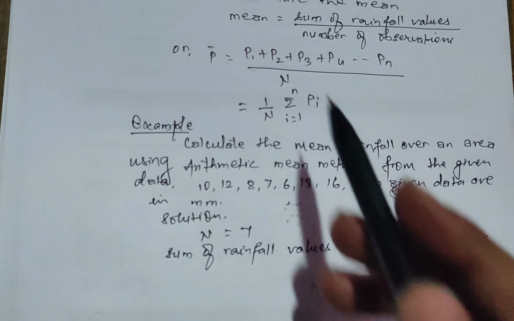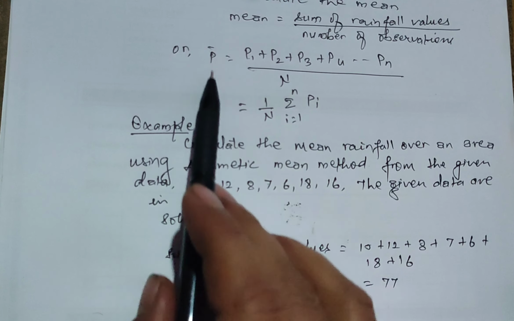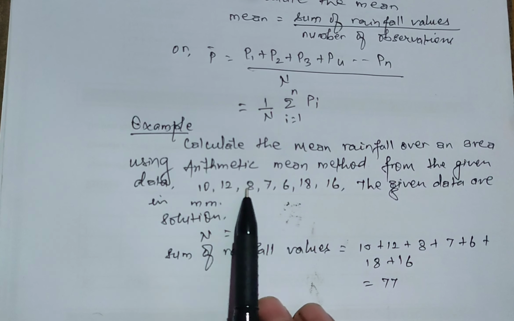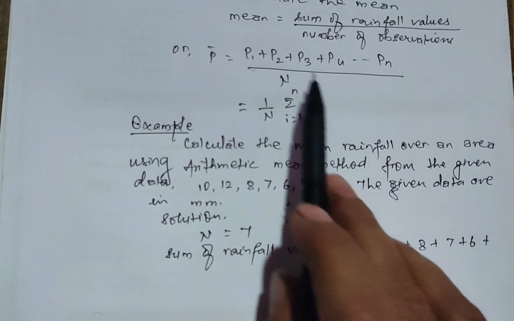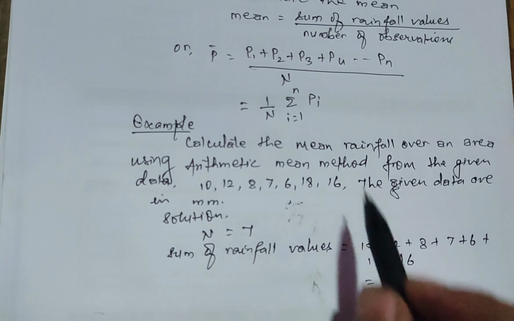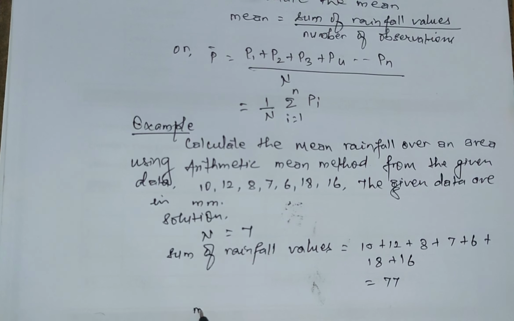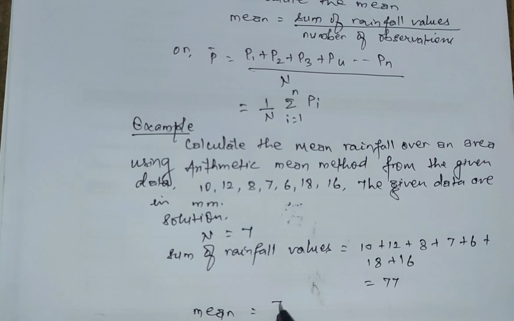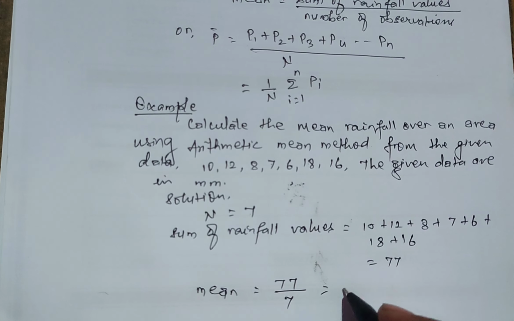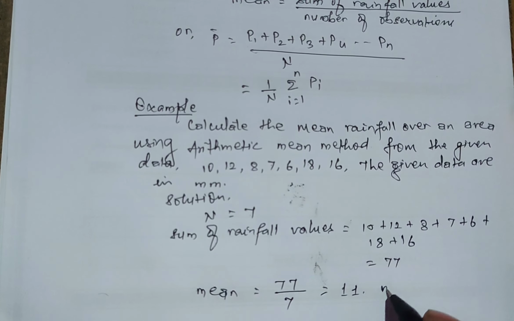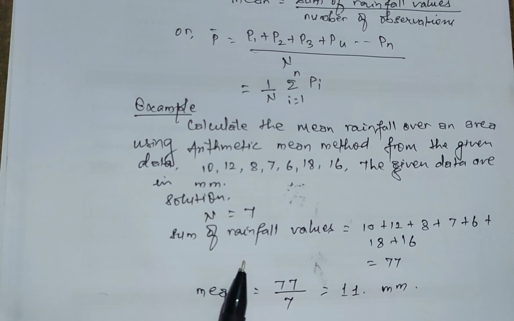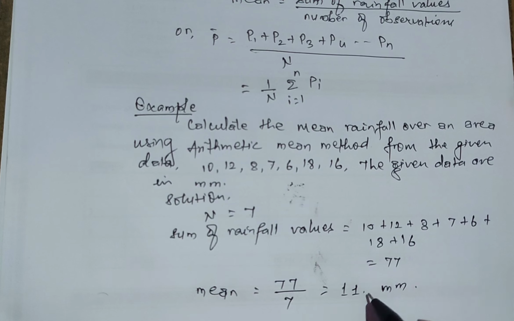So now using this formula, P1 is this, P2 is this, P3 is this, P4 is this value, and up to this we have to continuously write. So using the above values, mean equals 77 divided by 7 equals 11 mm. So as per the given data, the mean rainfall is 11 mm.